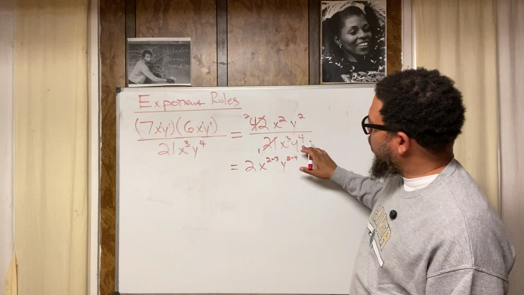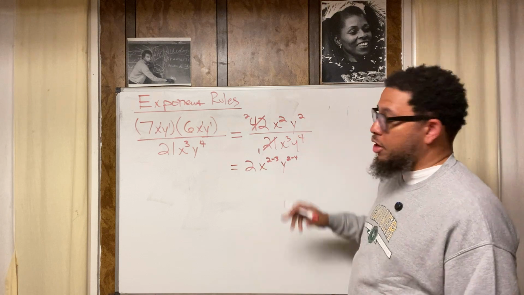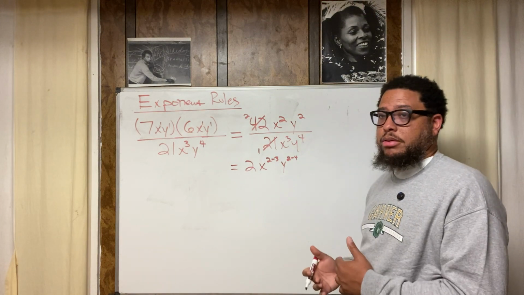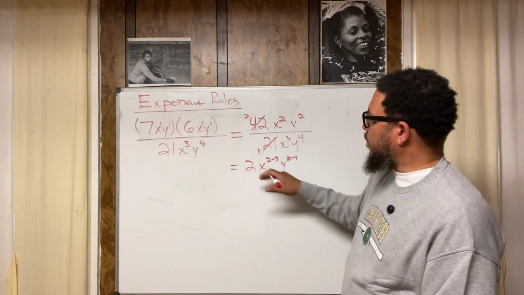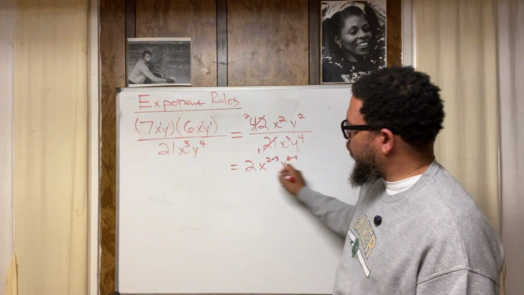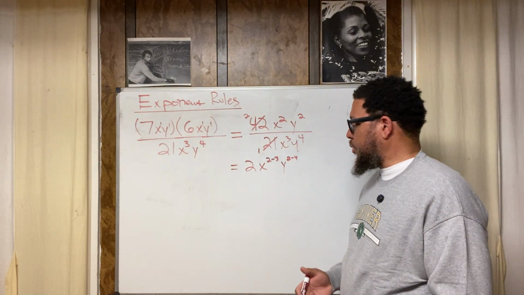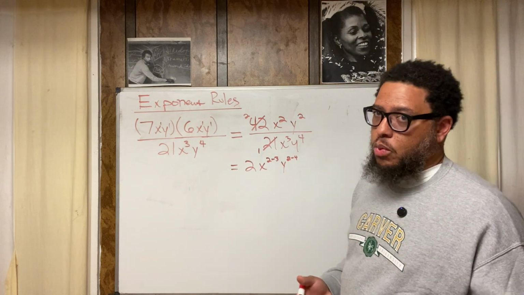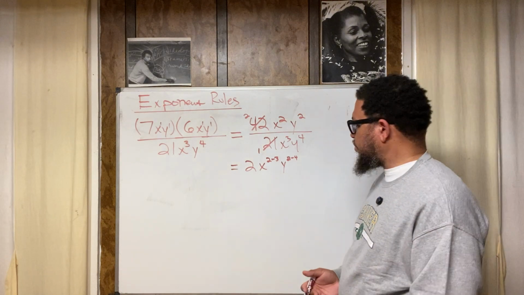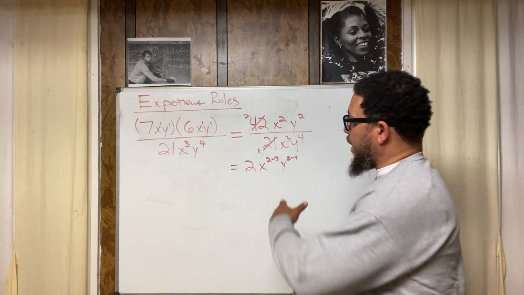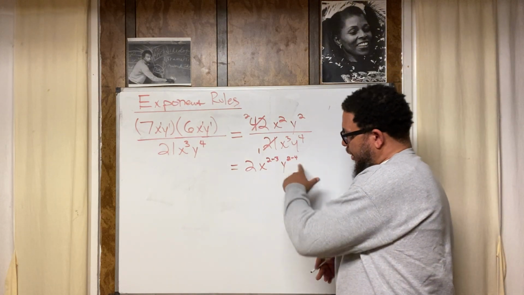Well, you write the variable one time in the numerator. And like I said, this represents the numerator. If you want to, you could put the fraction bar and then put the 1 underneath. That's not going to change anything. You're going to end up simplifying and getting rid of the 1 in the denominator later anyway. So now it's time to actually subtract the exponents.